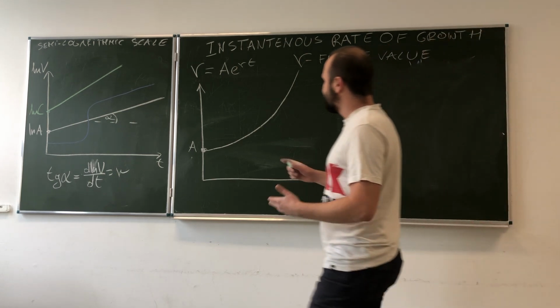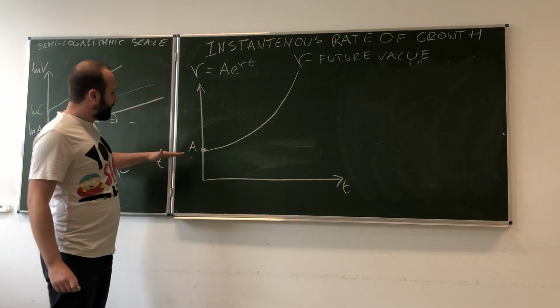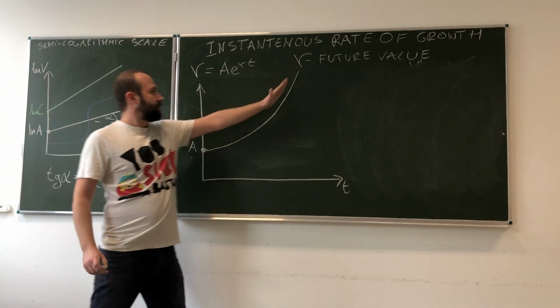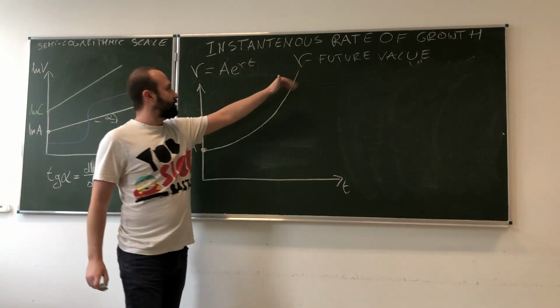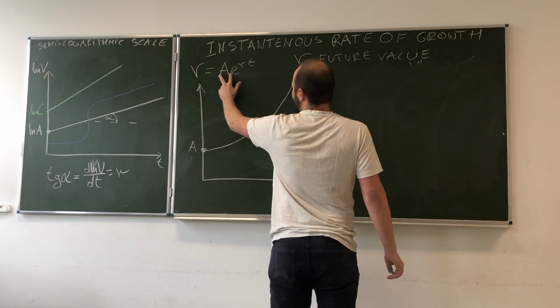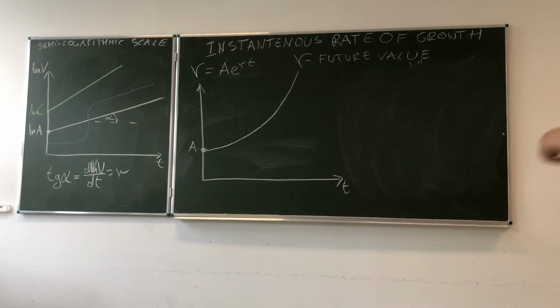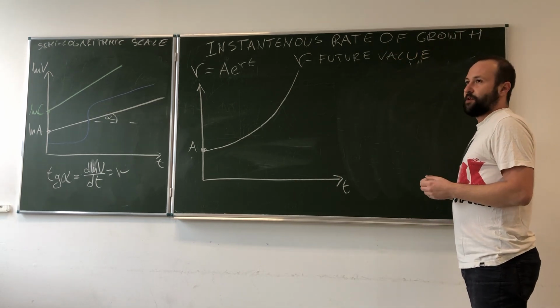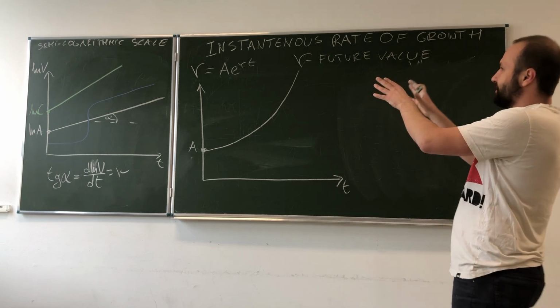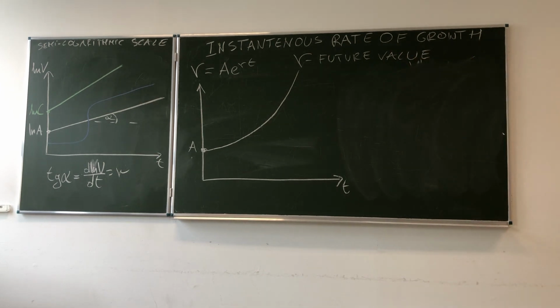Look, it's really easy to explain over here. Here we have a function, so future value of A. Because A is the amount of money we have at the beginning, we put the money into a bank, and it grows, right? But let's just say that we know this function, how it would look at every single moment.